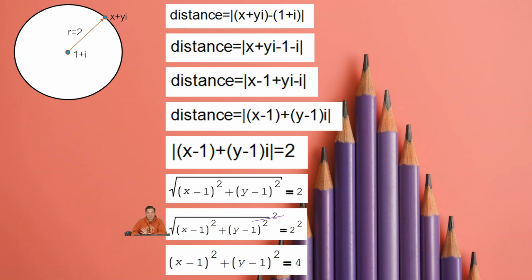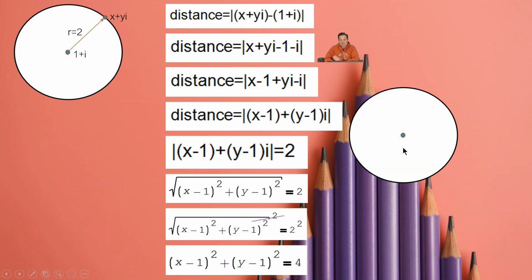Now let's take a look at one last part, which is to make a picture out of this. So as an example, we could do it this way. Here's a picture. The center of this circle will be the point 1, 1. Where is that coming from? Well, it says y minus 1. So the 1, not the -1, tells you the y coordinate of the center. Over here it says (x minus 1) squared.